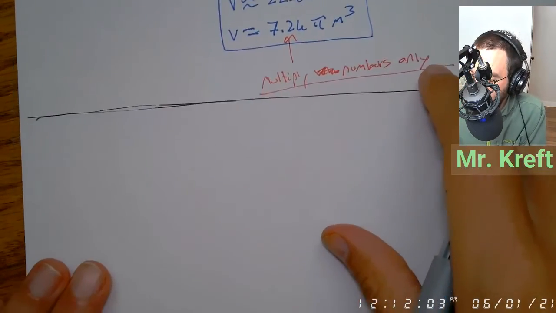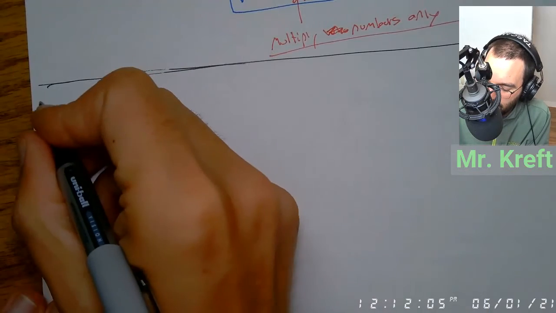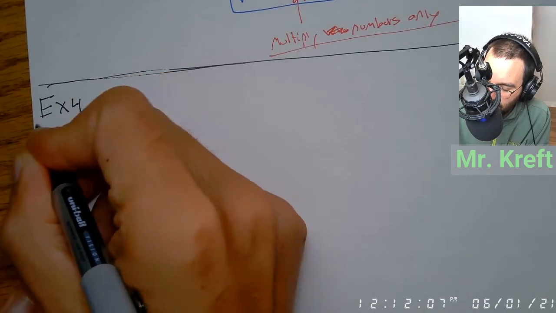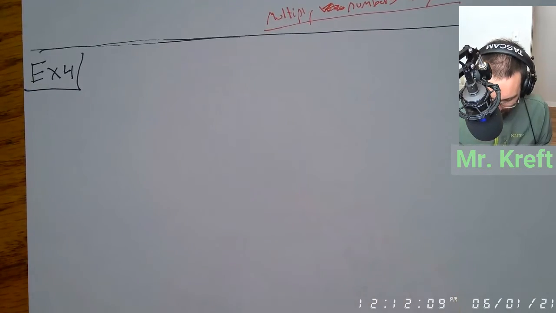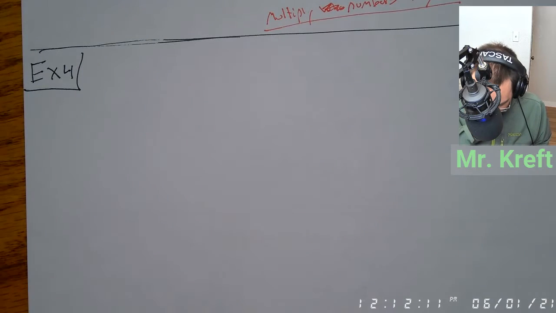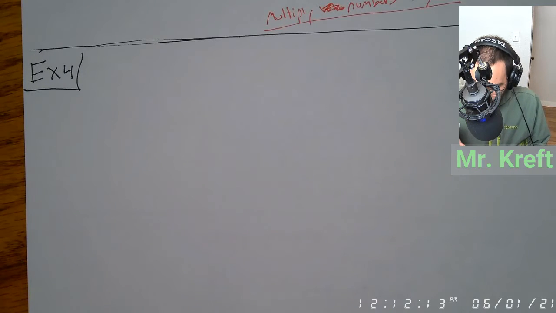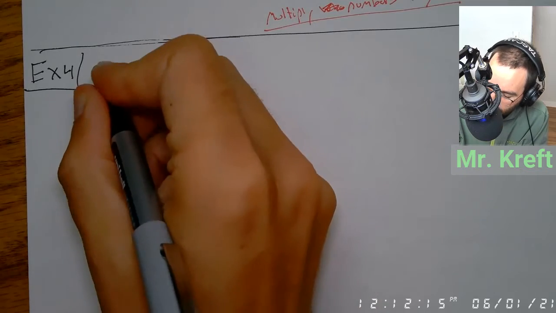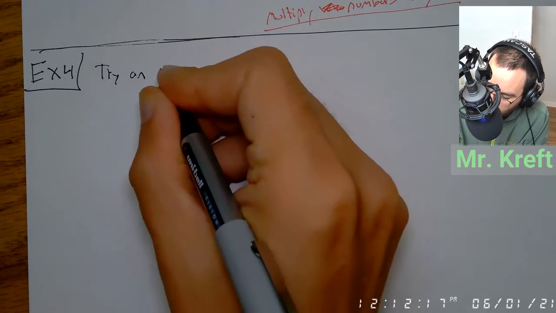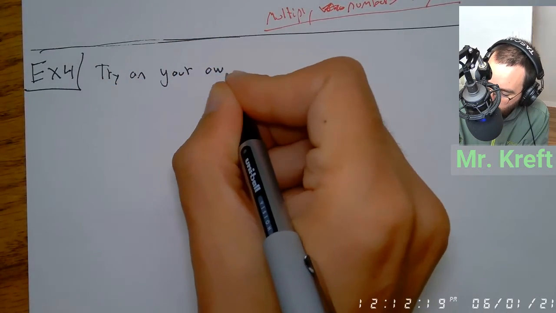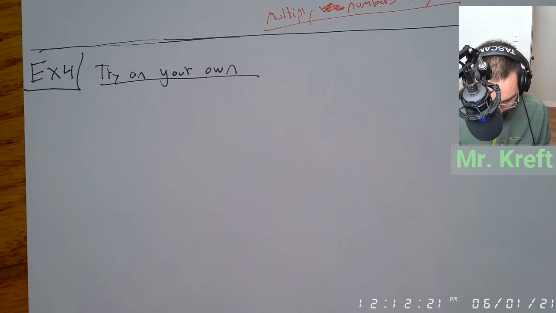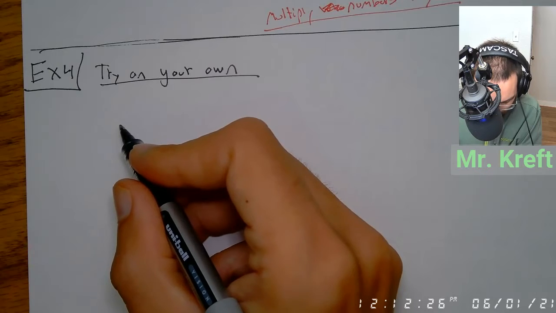So let's go ahead and take a look at another example and see where we're at. I'm going to have you try this one on your own. So let's do this.